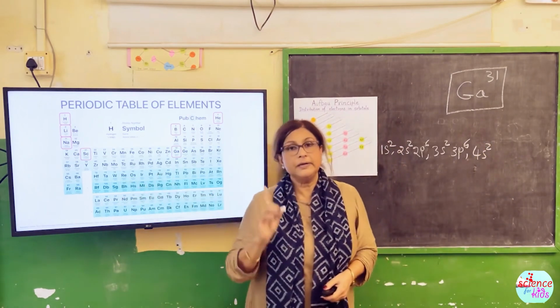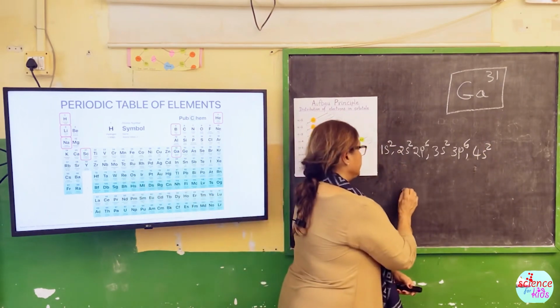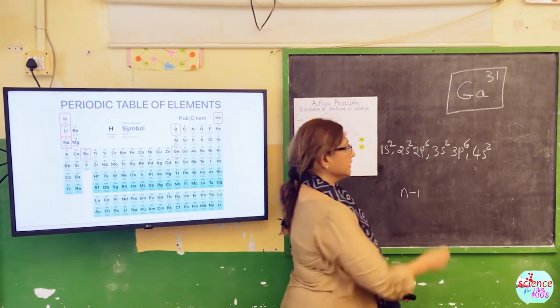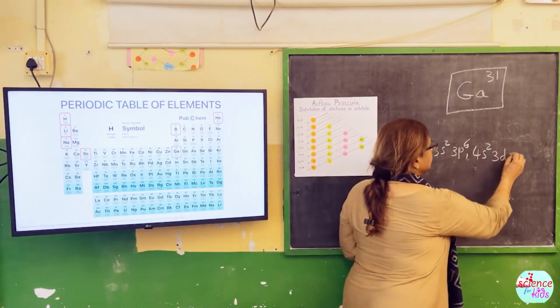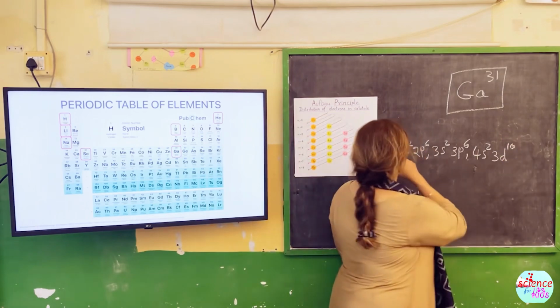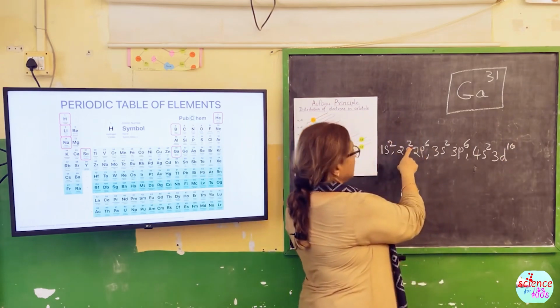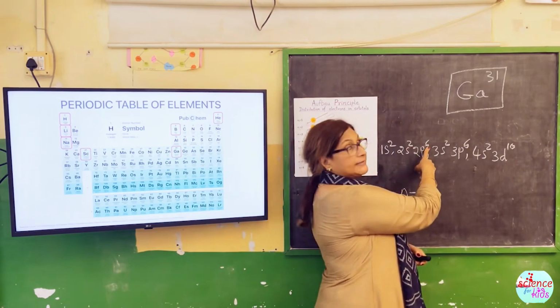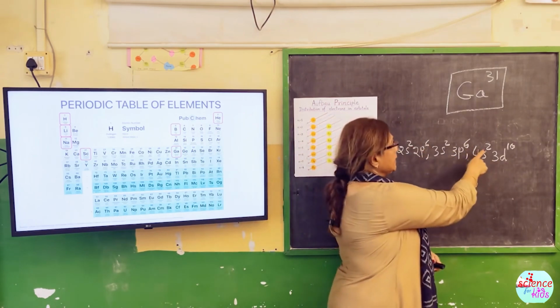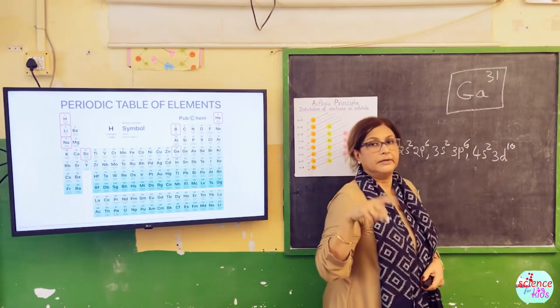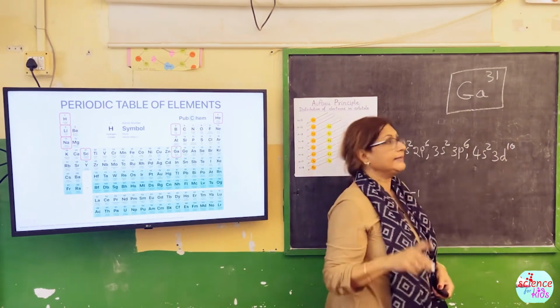The d block. And remember the rule for the d block, it's n minus 1. So d becomes 3d10. If we count this, 2 and 2, 4, plus 6 is 10, plus 2, 12, plus 6 is 18, plus 2 is 20, plus 10 is 30.